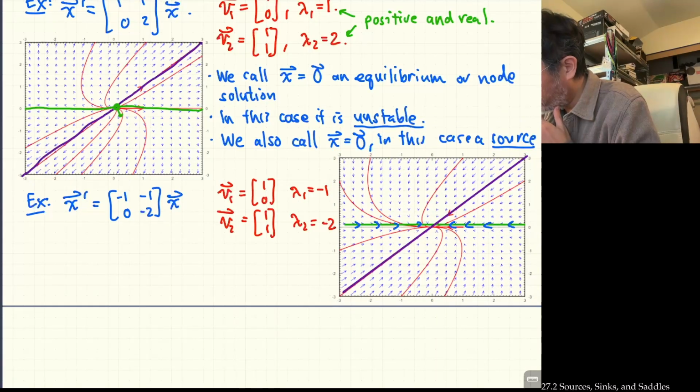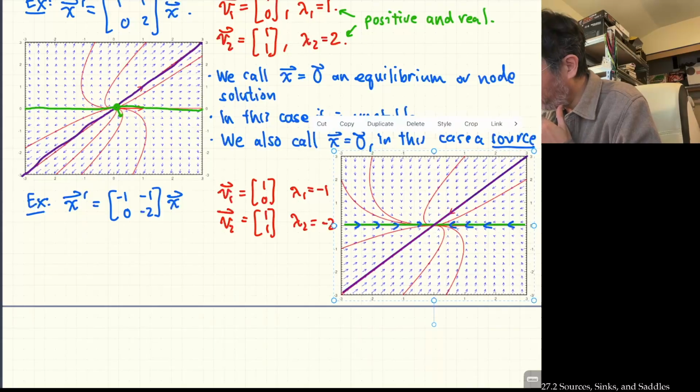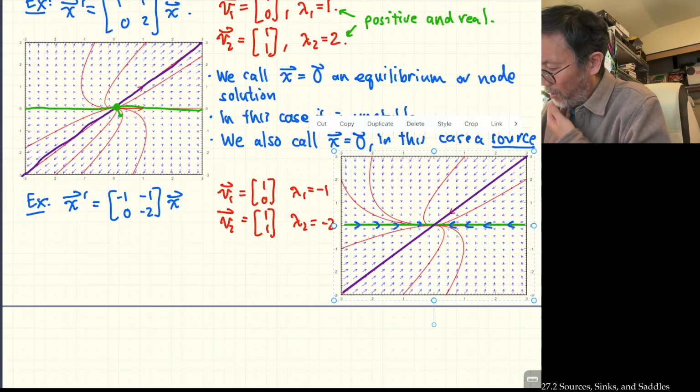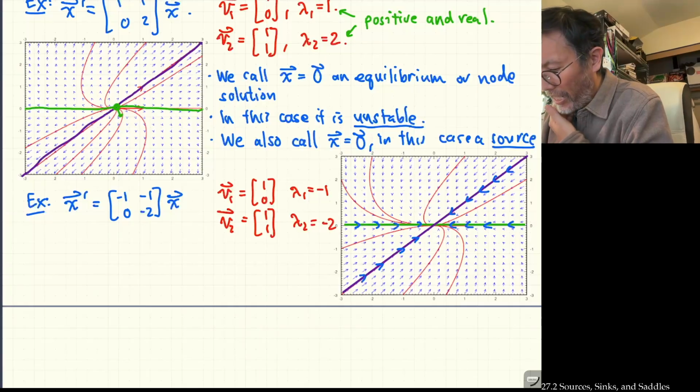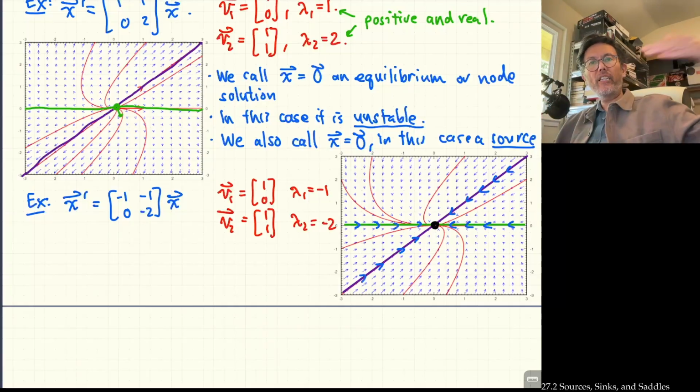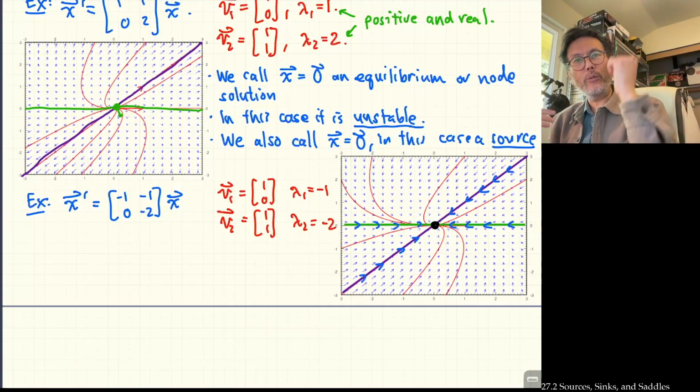In toward the origin. And so this equilibrium point is not a source, right? Because all of the arrows seem attracted to it.